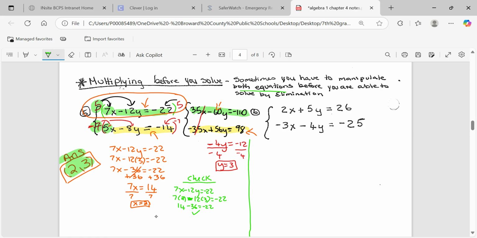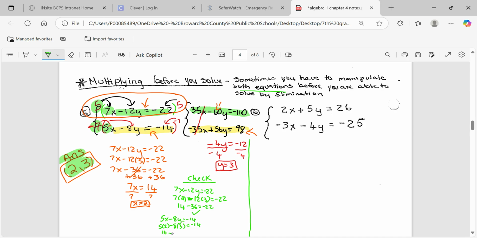For the next one, 5x minus 8y equals negative 14. So 5 times 2 minus 8 times 3 is equal to negative 14. Again, I am using the solution because you could always check the system by substituting the solution.